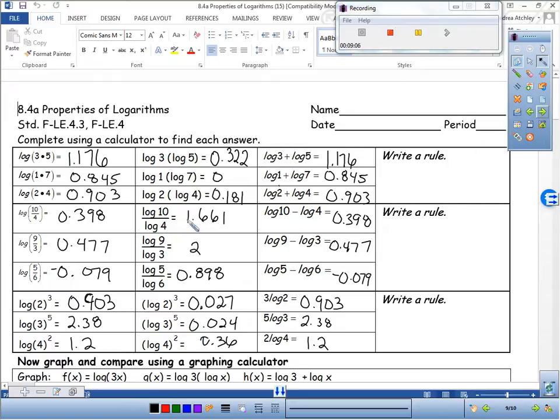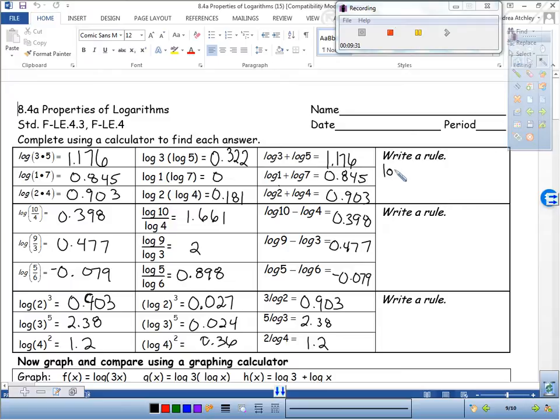So did anyone come up with a rule for when I multiply numbers with logs? Okay. So when you're multiplying, what can you do also that will give you an equivalent answer? And add them, right?